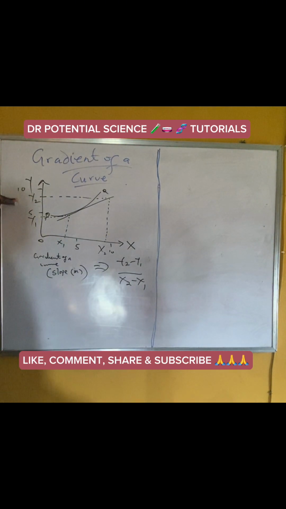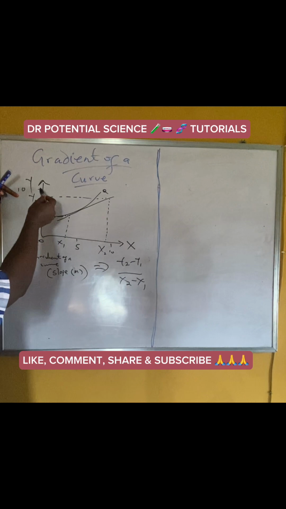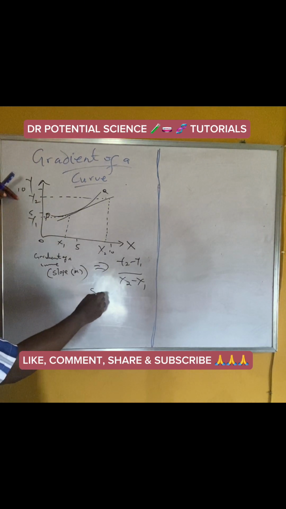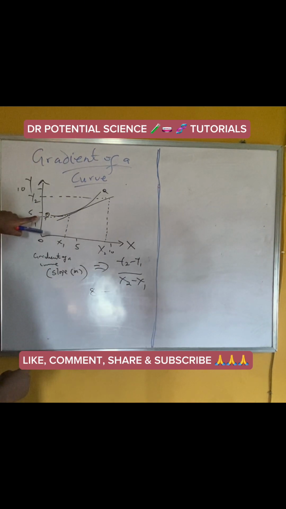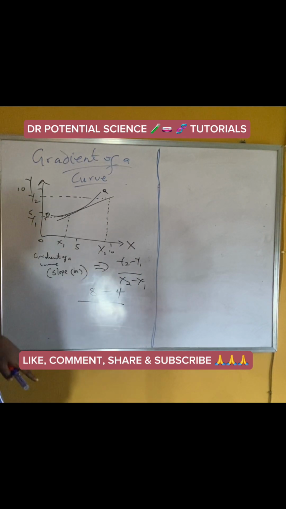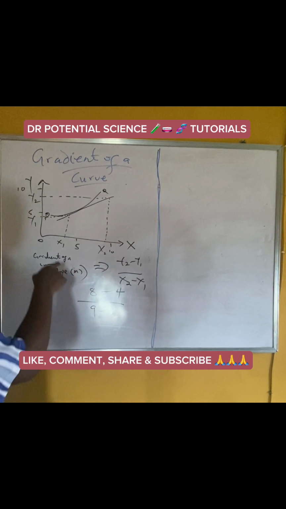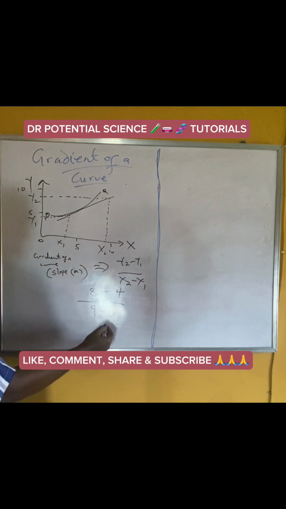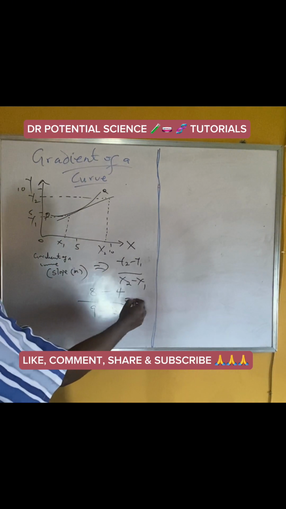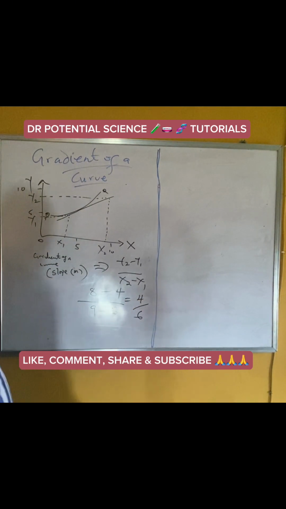So y2, this is 10. Let's assume this is around 8. Okay. 8 minus y1, let's say this is 4. Divided by x2, well, let's say this is around 9 minus x1, let's say this is around 3. So we're going to have something like 4 divided by 6.